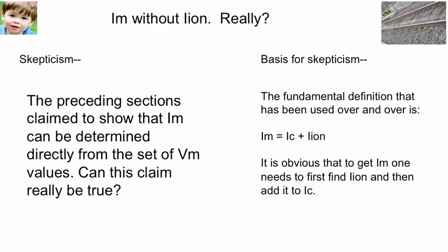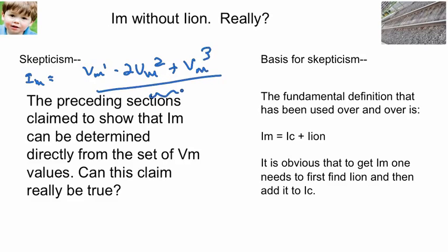Now, we said in an earlier slide something like Im is equal to Vm1 minus 2Vm2 plus Vm3, and this was divided by some stuff in the denominator that involved the resistance, and we claimed that you could actually find a value of membrane current in that fashion.